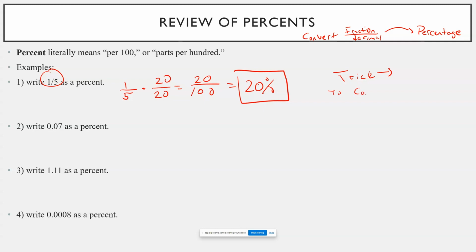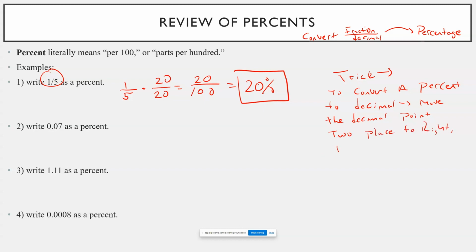So to convert a decimal to a percent, what you do is you move the decimal point two places to the right, and then add the percent sign.